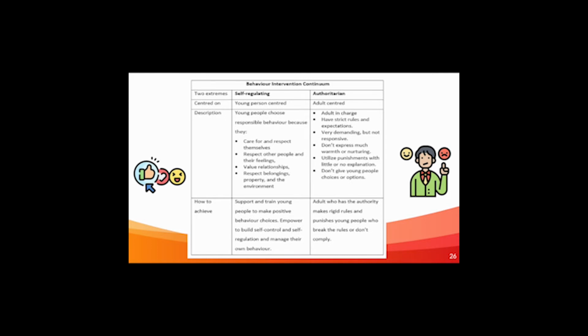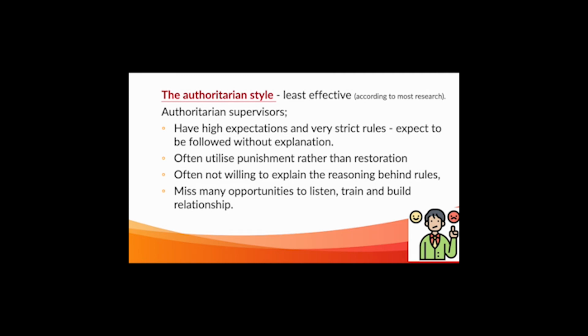You can see that this is where you would want to at least be moving towards. Authoritarian, on the other hand, the adult has the authority, they make the rigid rules, they punish people, etc., etc. The authoritarian style is the least effective according to most research, because they've got high expectations and strict rules, and they expect these to be followed without explanation.